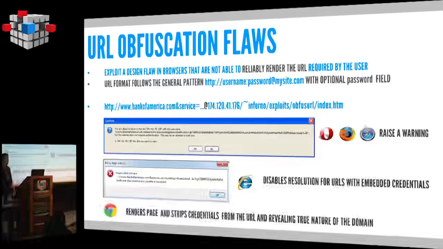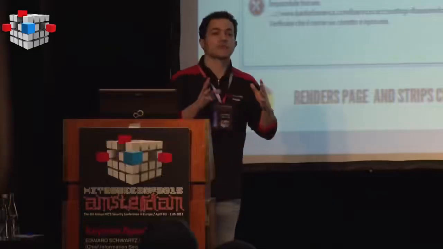But picture-in-picture has not been the only attack targeting web browser user interfaces in the latest years. Another quite popular attack was the URL obfuscation attack. This attack exploits a design flaw in browsers that are not able to reliably render the URL required by the user. Generally speaking, a URL can embed some credentials.